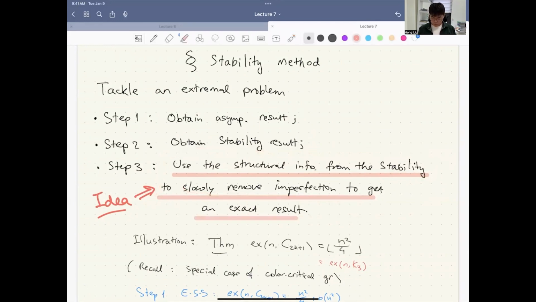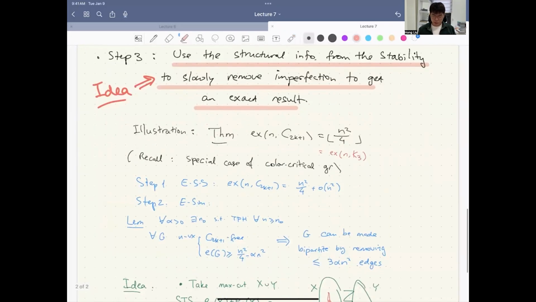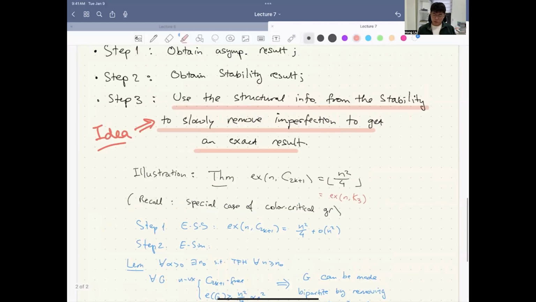So let's illustrate it with a special type of color critical graphs. One of perhaps the easiest one, the odd cycle, which has chromatic number 3, and removing any edge makes it bipartite.